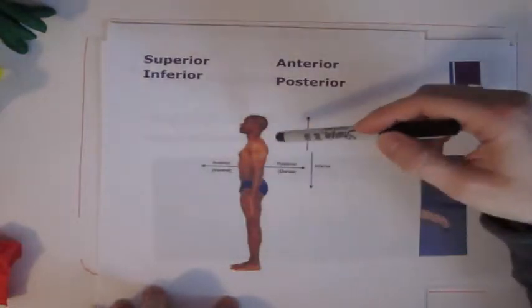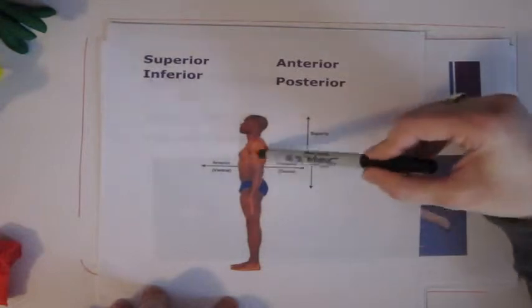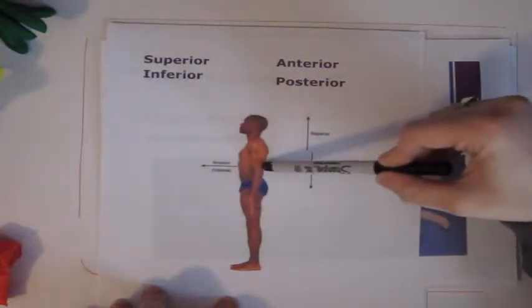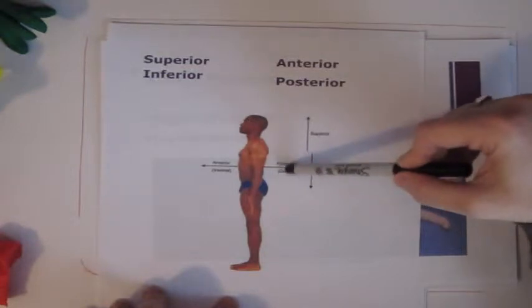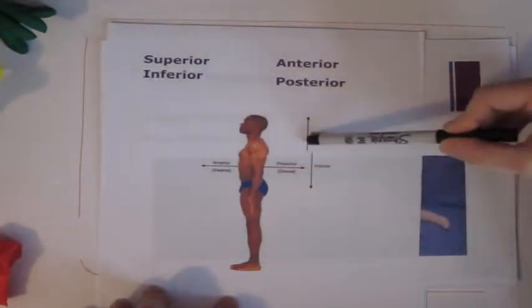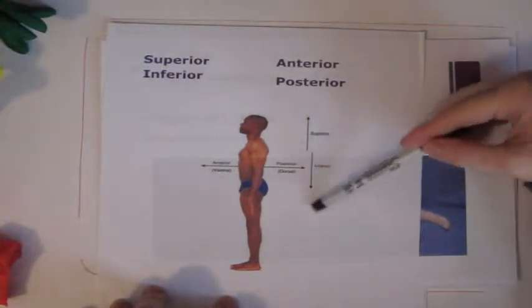Anterior would be the ventral or the belly of the human, and posterior, think about your bottom, right? Dorsal or posterior. And then superior and inferior. Superior is towards the head, inferior is towards the feet or tail base.